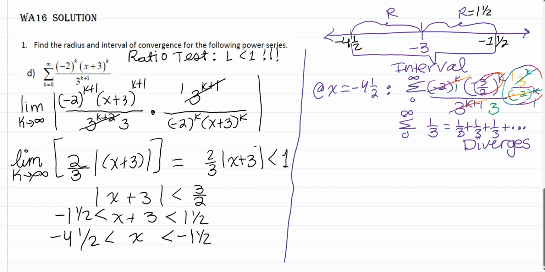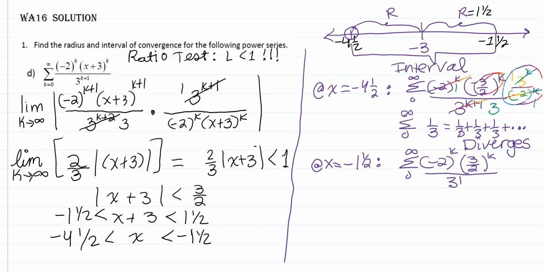Now when x is -1.5, the other end. So this end right here is an open circle. Let's go and take a look at the other end. When plugging in -1.5 instead of -4.5, you have -2 to the k power, and here you'll have 3/2 to the k power divided by 3 to the k power.